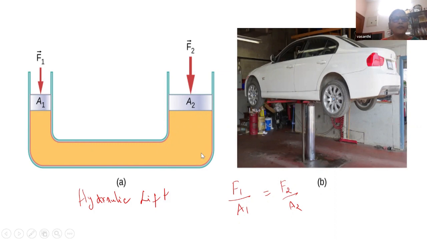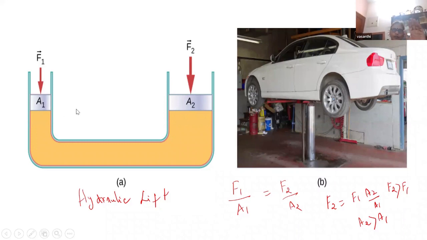So F2 is equal to F1 into A2 by A1. If A2 is greater than A1, F2 will be greater than F1, so I can get a larger force.